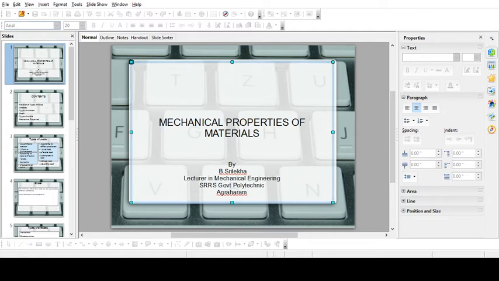It is defined as the ability of the material to resist abrasion. Abrasion is when abrasive particles, when they flow over the surface of the material, can chip off the material.